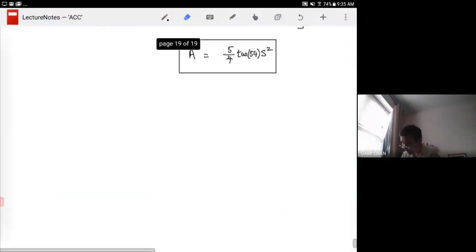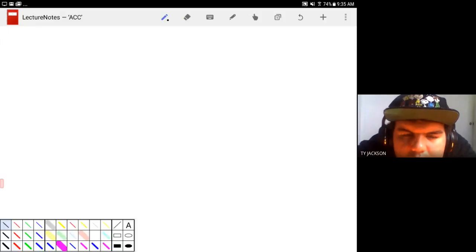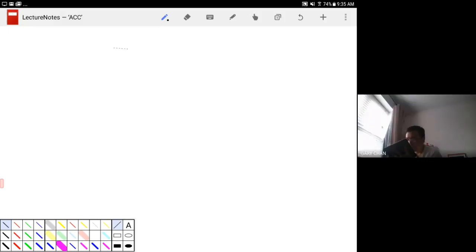What's the third question here? Number 3 is: find the area of a regular hexagon with side length S in reduced radical form. So for a regular hexagon this time, what can we do to find out the area?